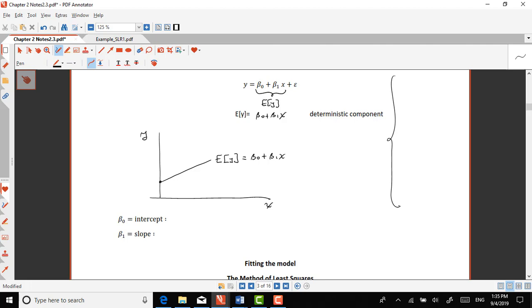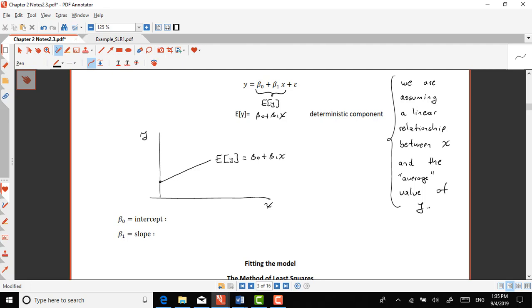The linear relationship that the model assumes is between x and the average value of y. Okay, so it's important to have that in mind.